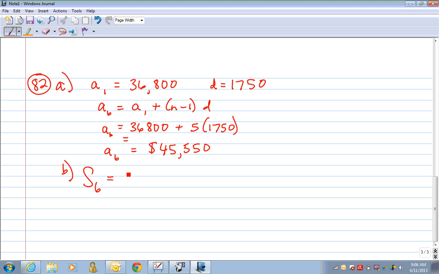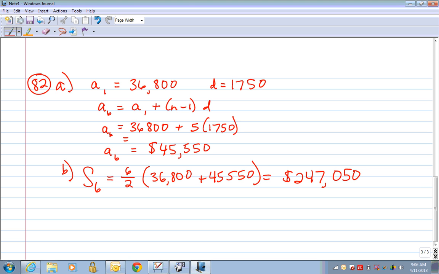So using all the pieces that we just have now found, we have the n, 6 divided by 2 for the formula, times the first, and then plus the last, which is what we just calculated. And then it's just the fact of calculating it, and for time's sake, this is what it comes out.